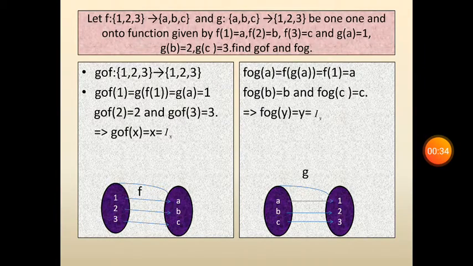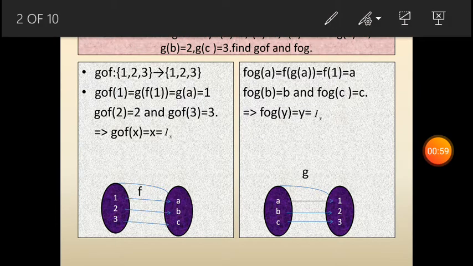Before starting the definition of invertible function, we are going to consider an example that is going to make the definition easy for you. If f is a function from {1, 2, 3} to {a, b, c} and g is a function from {a, b, c} to {1, 2, 3}, and both f and g are one-one and onto, defined as, just pay attention, f(1) is a, f(2) is b and f(3) is c.